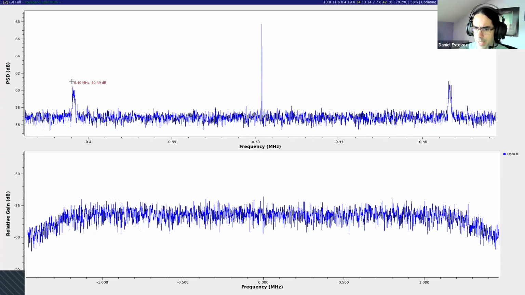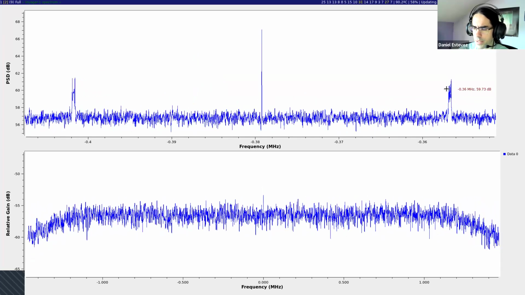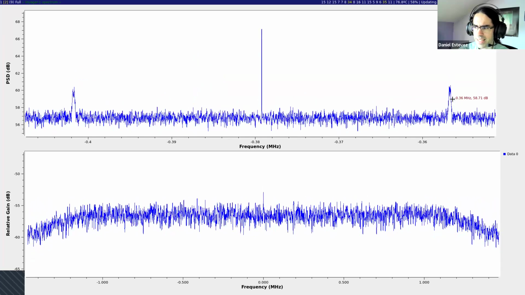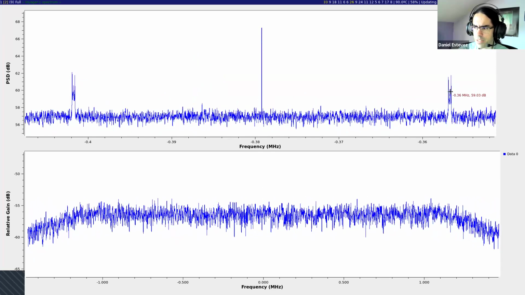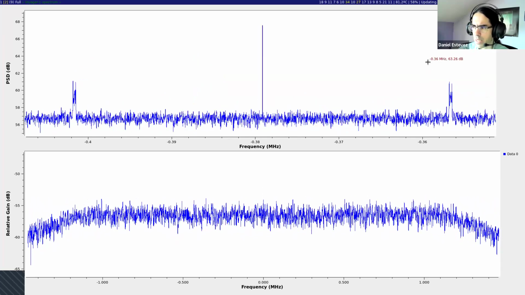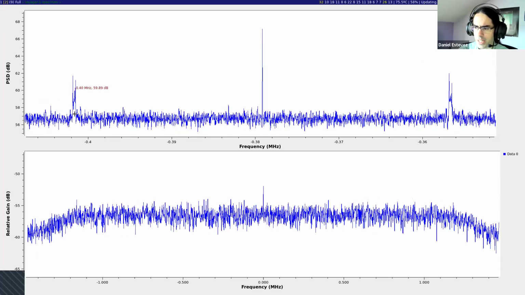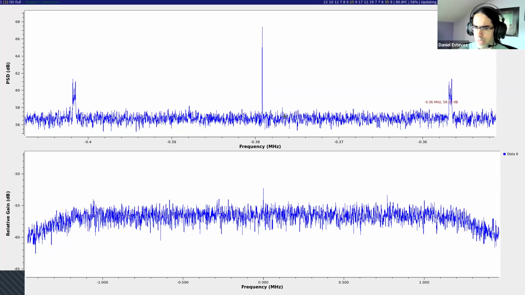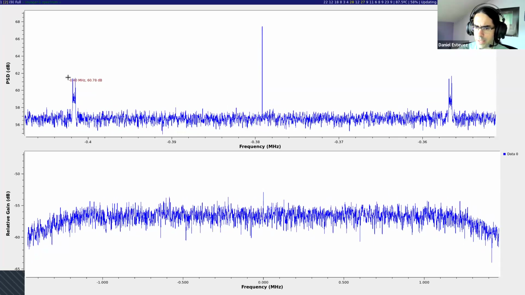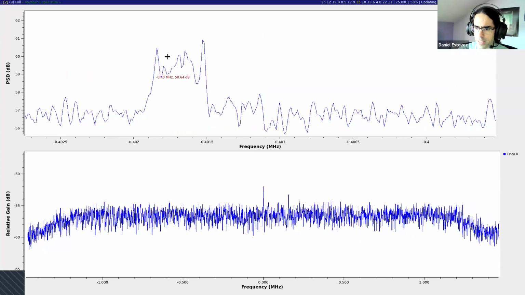So what else can we see? There are two of these. This also has to do with how the data signal is modulated. I will explain more of that later on. So these two sidebands are identical. They are called data sidebands. And we can also see two spikes.